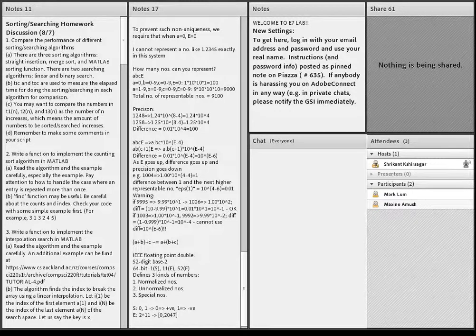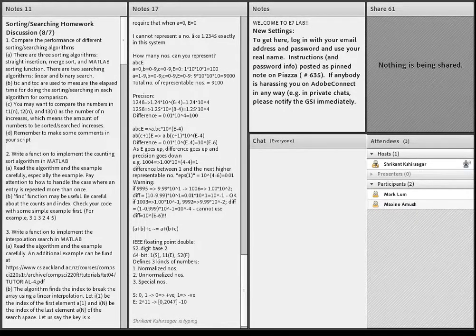And I'll come to that when I discuss normalized and unnormalized numbers. But the number we subtract from e is basically 1023. Okay, so the effective range of e is basically from minus 1023 to 1024, if you will.